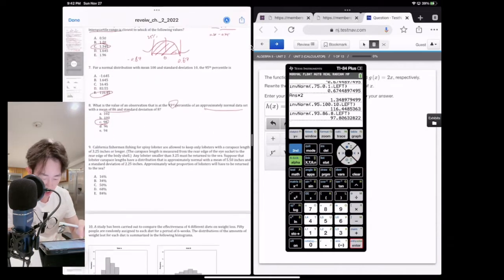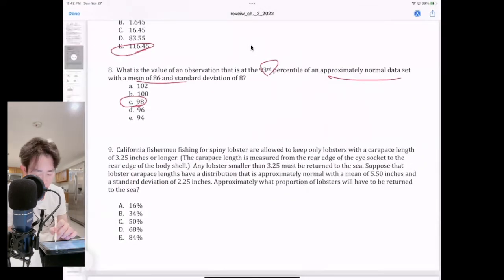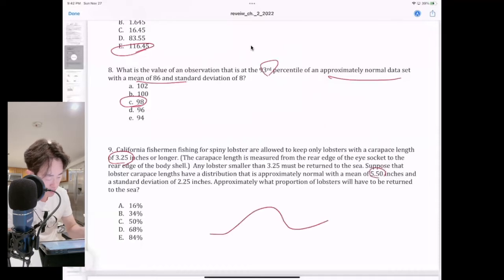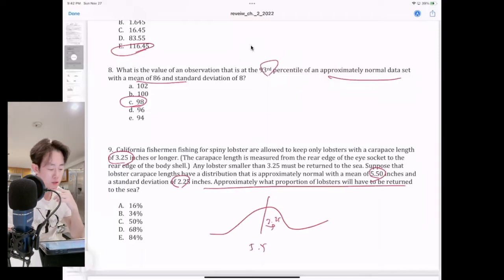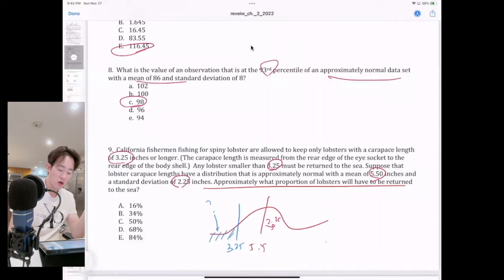All right, so let's do number 9. We have lobsters, only 3.25 inches or longer, with a mean of 5.5 and a standard deviation of 2.25. Approximately what proportion of lobsters will have to be returned to the sea? Any lobster that's smaller than 3.25 must be returned to the sea. So we're talking about this right here. What's the percent of all the lobsters that is less than 3.25?